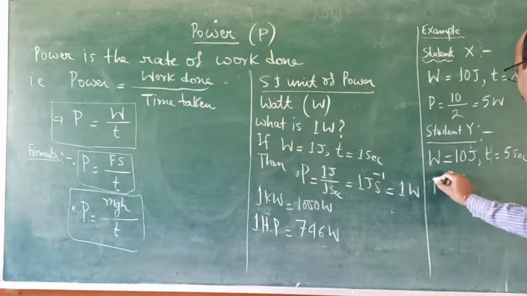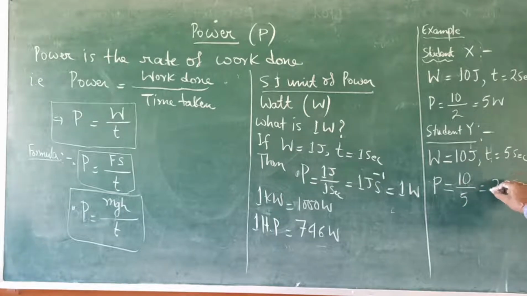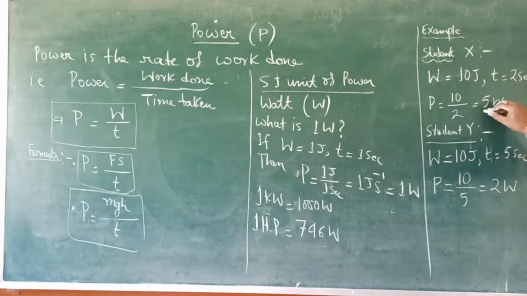Then let us find the power of student Y. Work done is 10, time taken is 5. So the answer is 2 watt. Now from this example you can understand that student X has more power as compared to student Y.